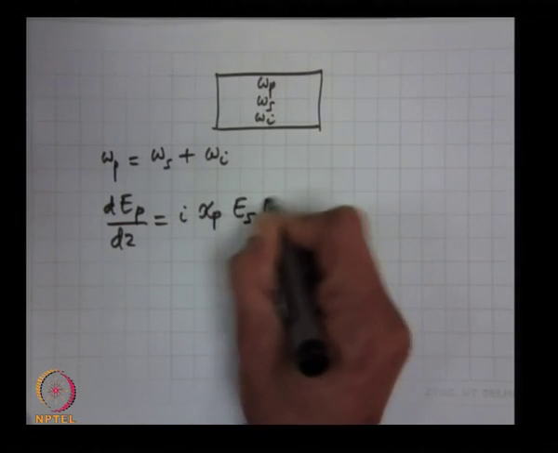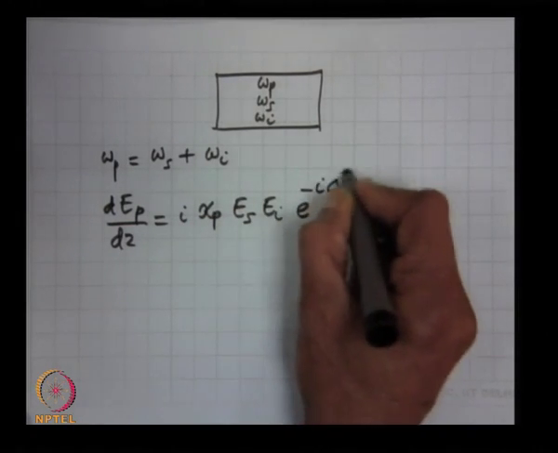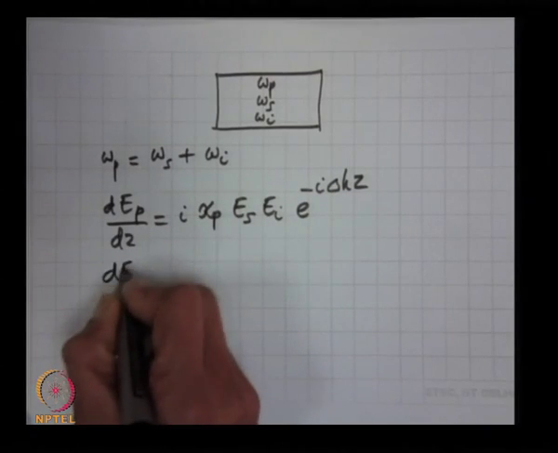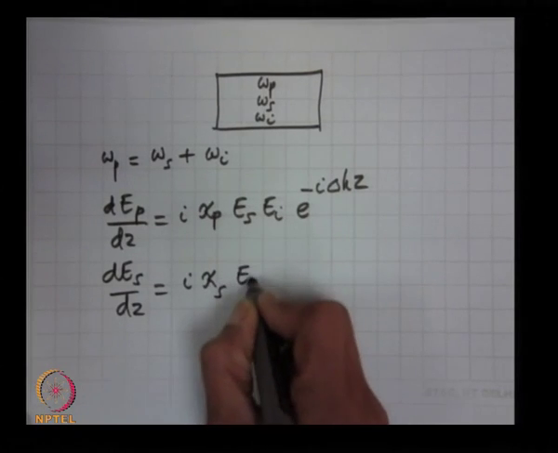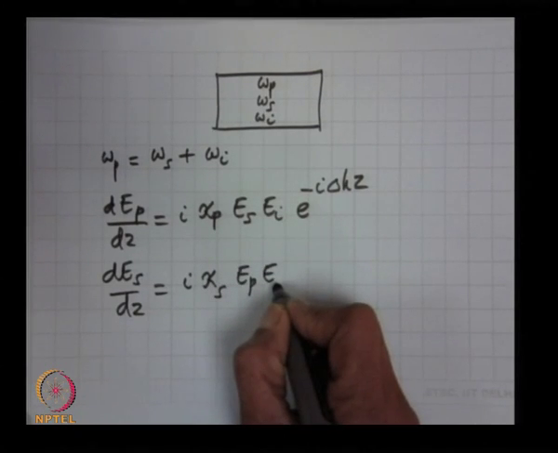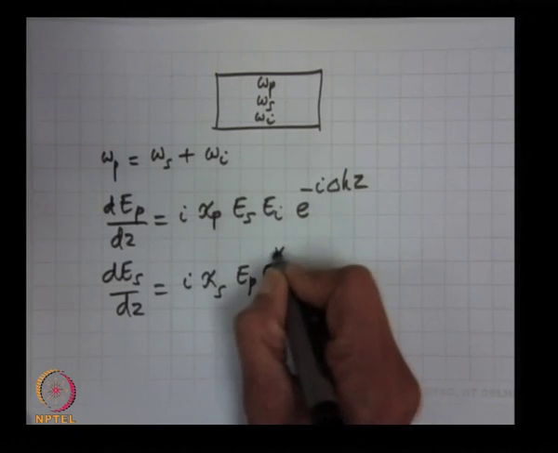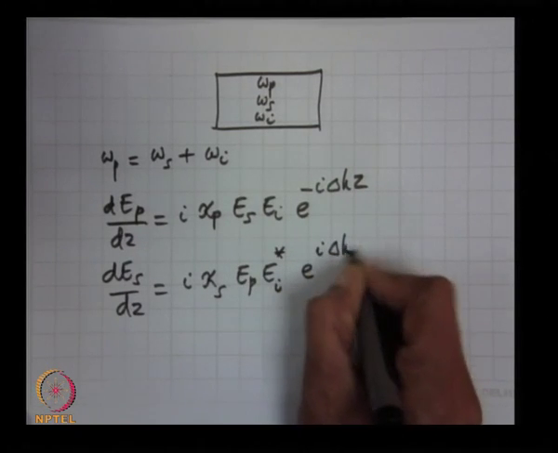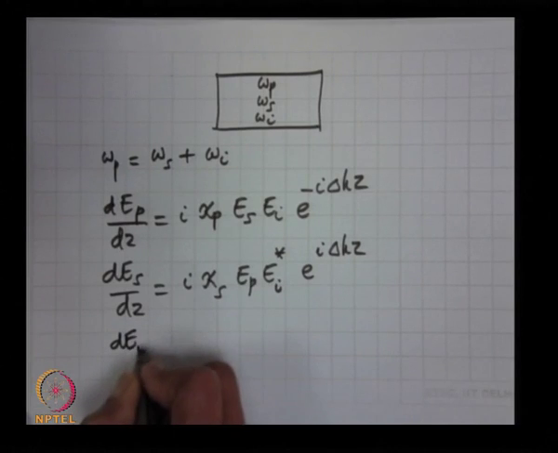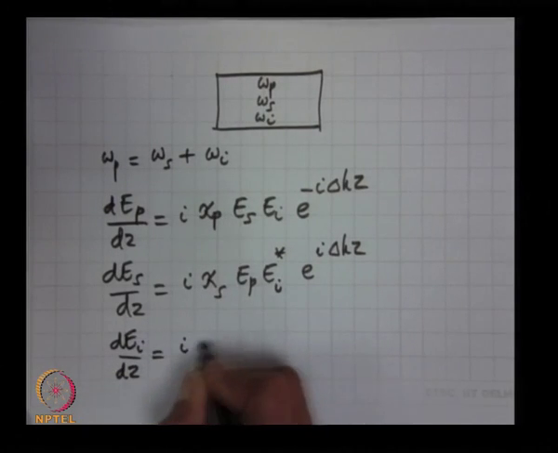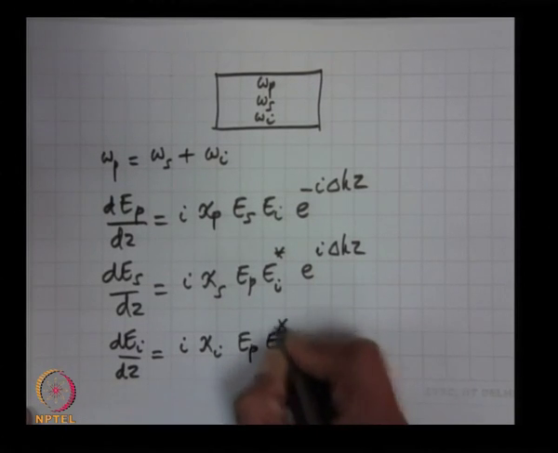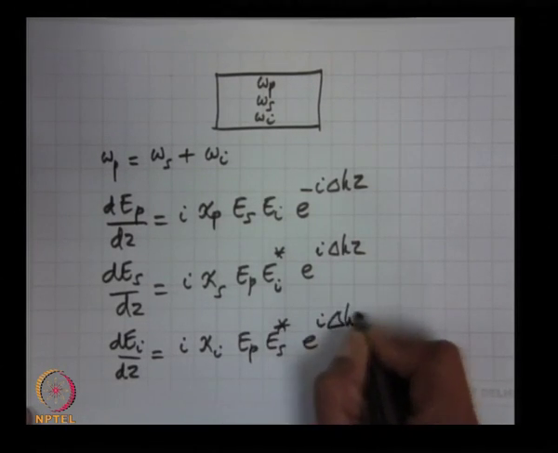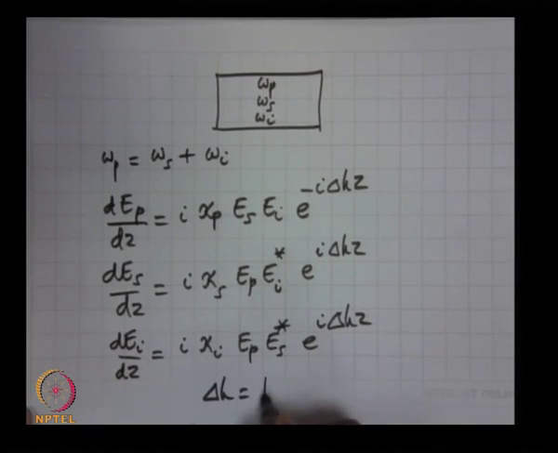So all these processes are controlled by these three equations which we have derived: dep by dz is equal to i kappa p es ei exponential minus i delta k z, des by dz is equal to i kappa s ep ei star exponential i delta k z, and dei by dz is equal to i kappa i ep es star exponential i delta k z, where delta k is kp minus ks minus ki.